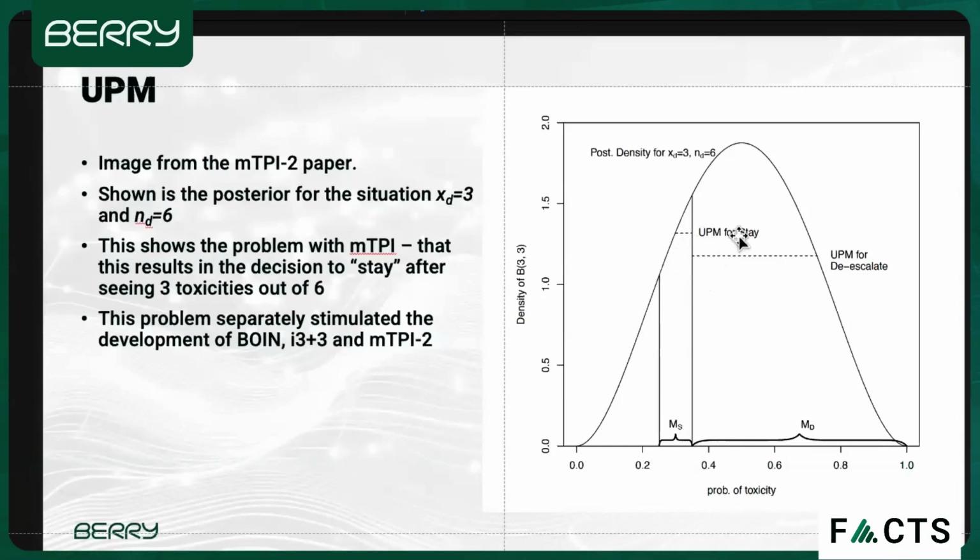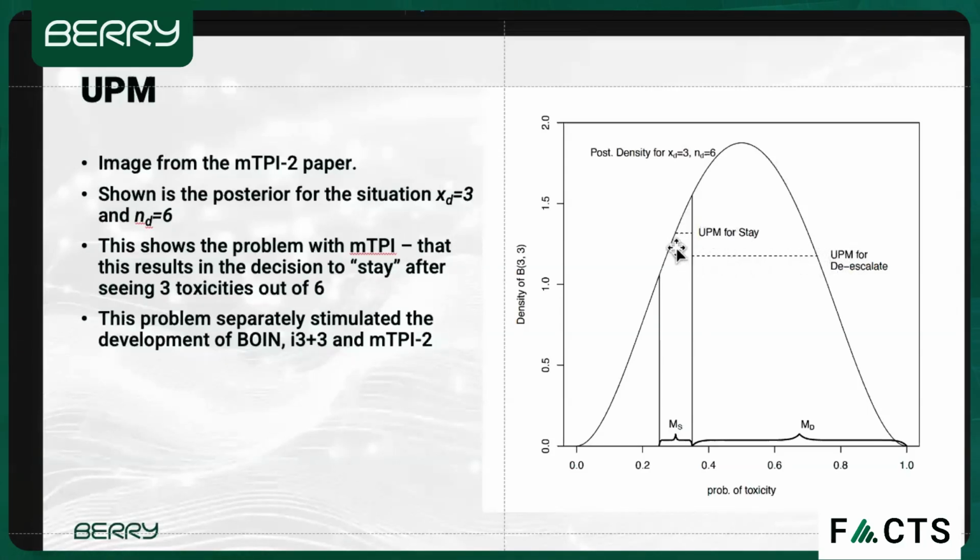And within each area, we have a dashed line that shows what the resulting unit probability mass is, the UPM. And you can see that although the mode is above the interval and a lot of the mass is above the interval, when we scale this mass by the width of the interval, the UPM for the interval is higher than the UPM from above the interval.